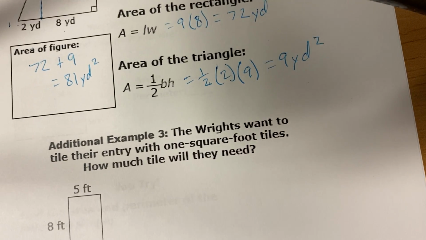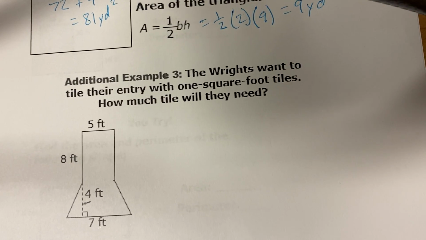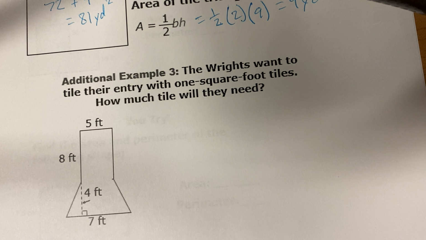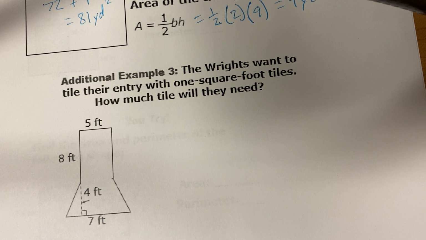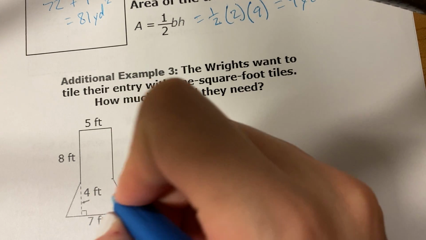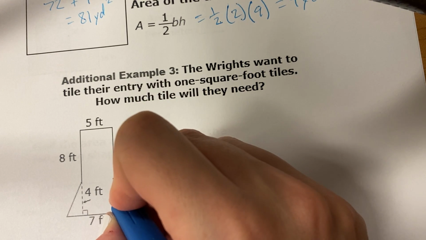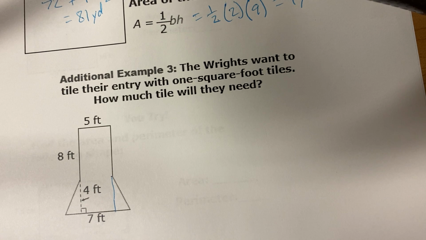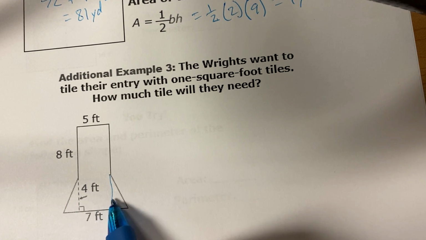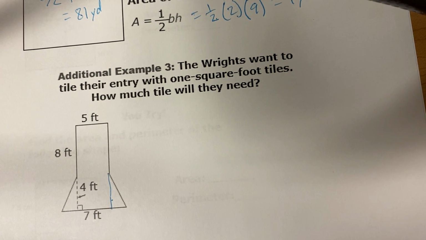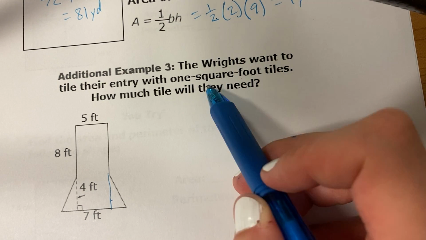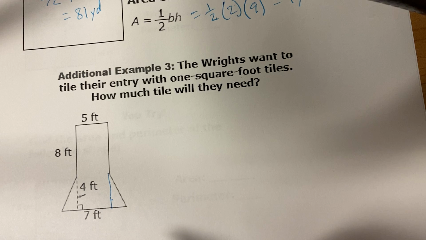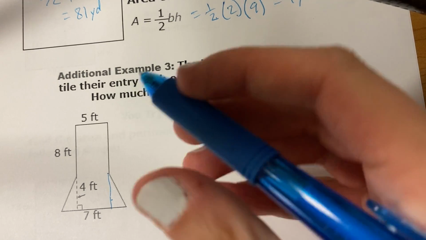All right, so it says the Wrights want to tile their entry with 1 square foot tiles. How much tile do they need? So we're going to separate this into 3 different shapes this time: 2 triangles and 1 rectangle. Since we're trying to find square footage, that's usually an indicator of area. So we need to find the area of these.